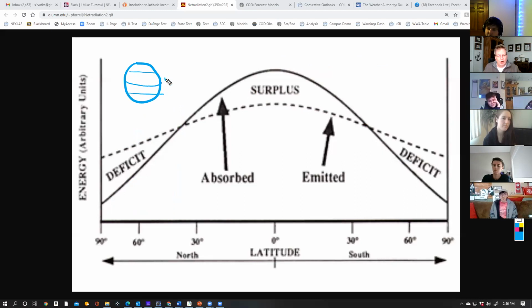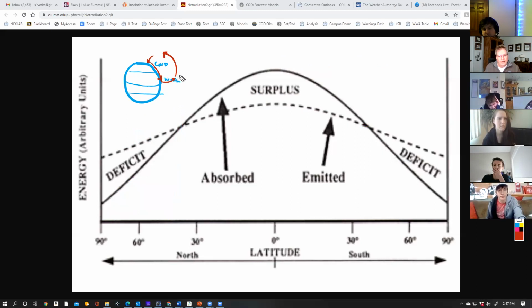The air that's warm here and cold there must be circulating. See, the air moves to create a balance, because according to this, there's an imbalance.